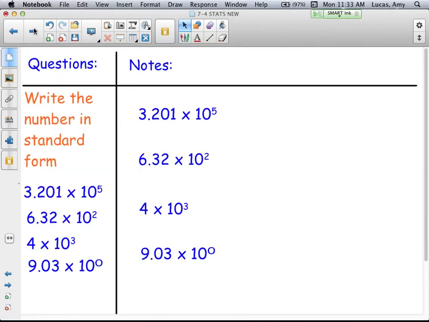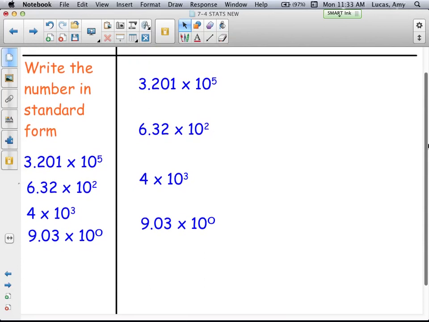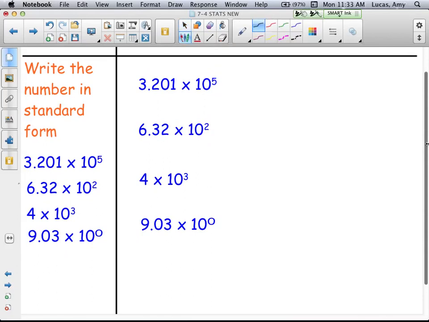Now we're going to reverse that process, and instead of writing the number in scientific notation, we now have to write it in standard form. Remember when the exponents are positive, positive exponents represent our larger numbers. So positive exponents, we are going to have to move the decimal point to the right.